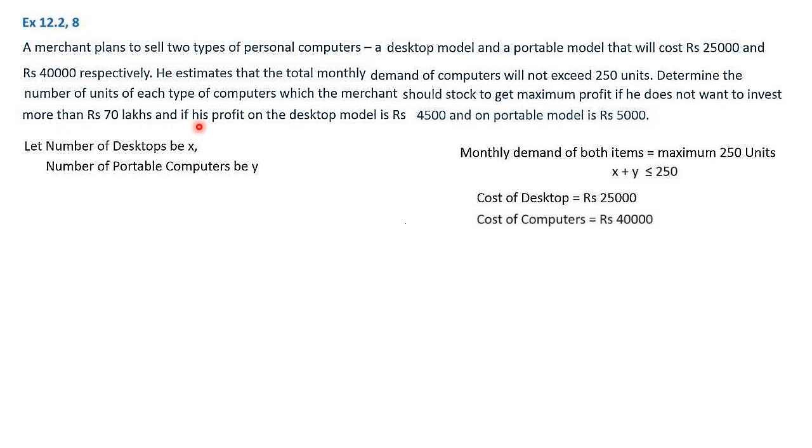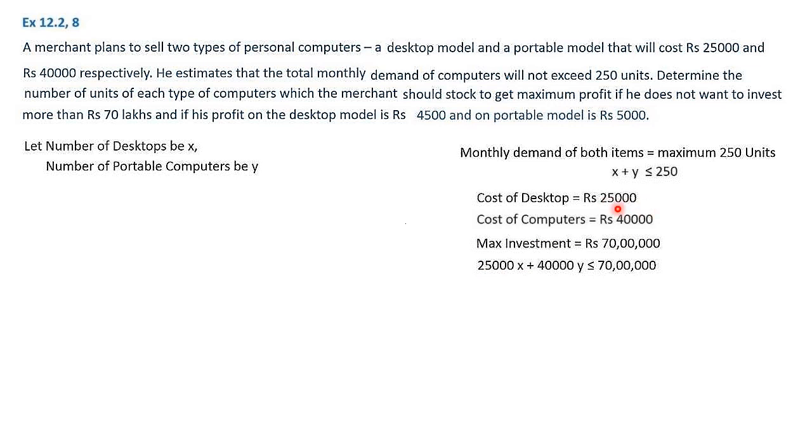That is our second condition. First condition we have taken here, and the second condition, maximum investment is rupees 70 lakhs. So per computer value is given to you here, 25,000 first type and 40,000 second type. And the condition will come like this. Maximum investment it is given to us 70 lakhs, and the condition will go like this.